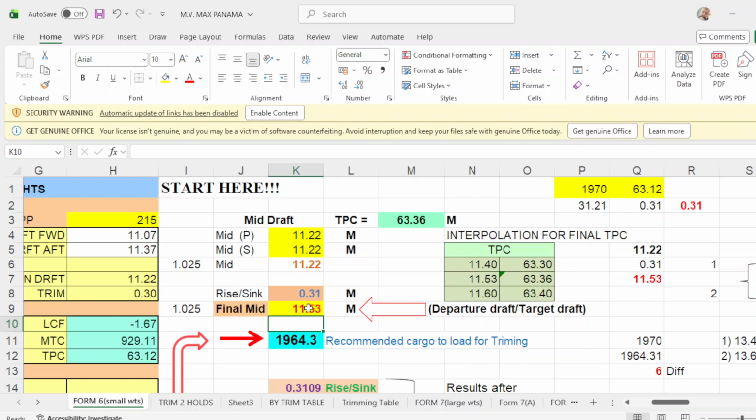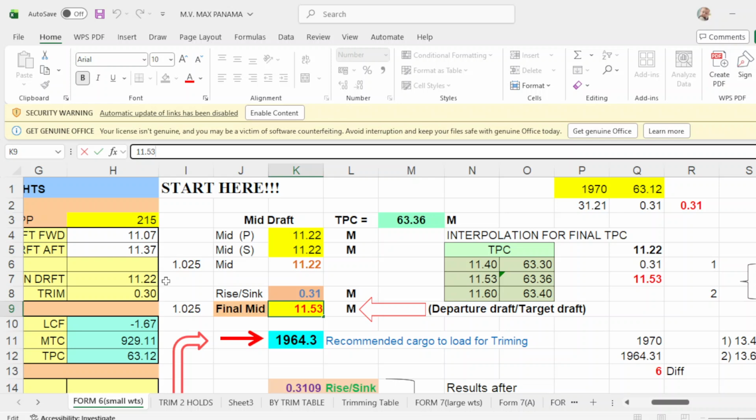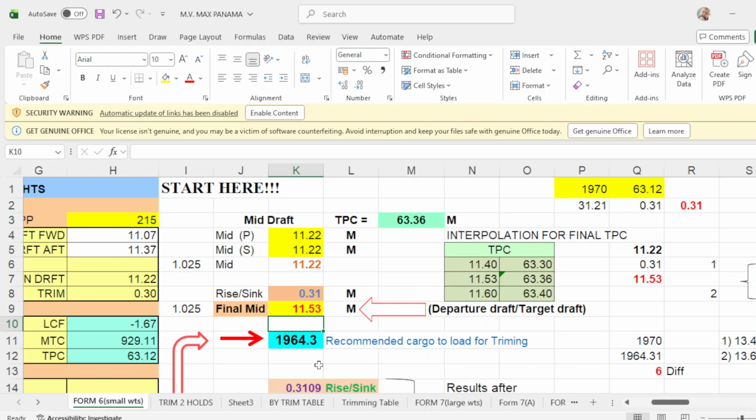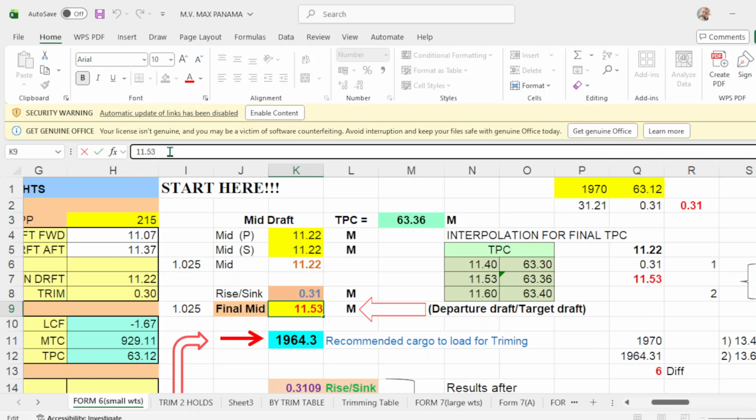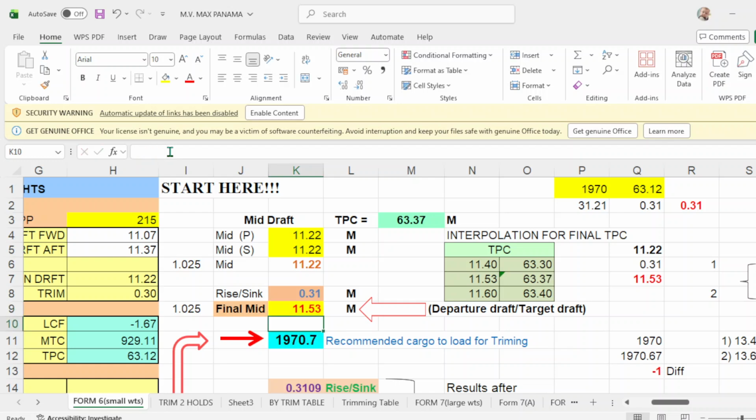So what I will do, I will just add here 1, 11.513, and you press enter. Take note of this value. It doesn't change. Then again I put 131, enter.